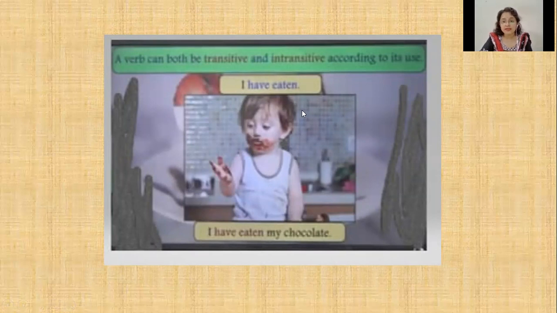It's a complete sense. It means that here eaten is an intransitive verb. Second sentence, I have eaten my chocolate. What have you eaten? My chocolate. So the chocolate is the object, and eaten is a transitive verb, wherein the object is always governed by a verb.